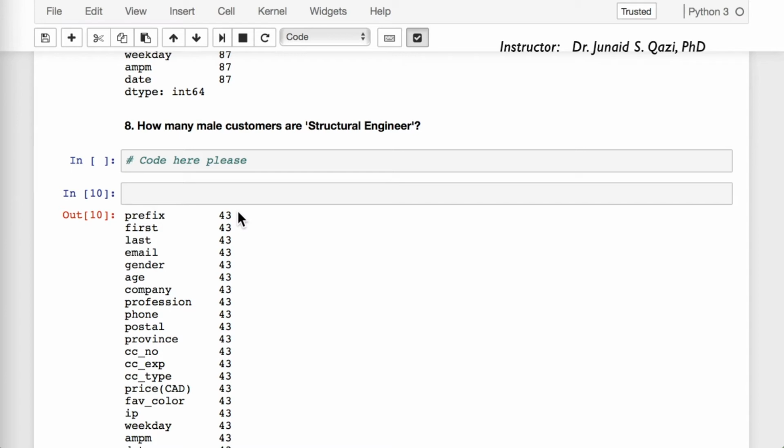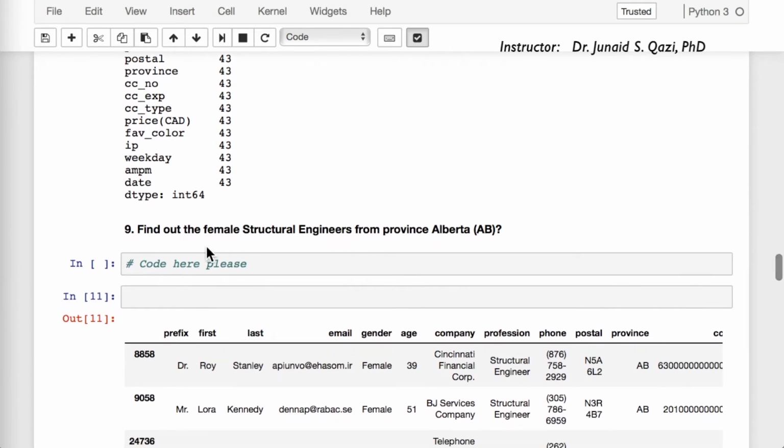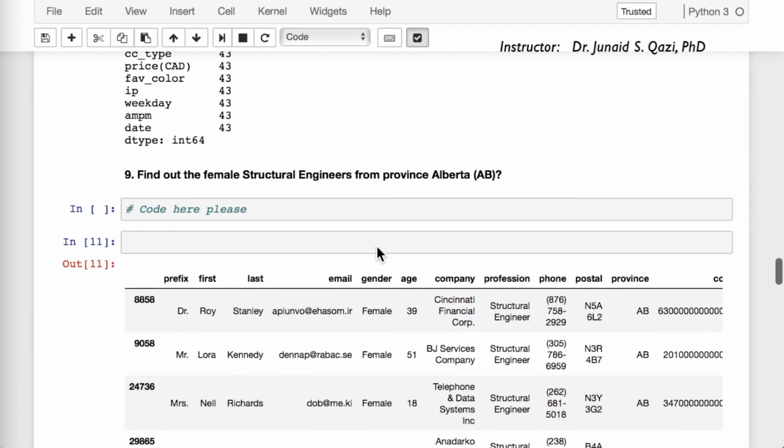Both of these conditions must be satisfied to get your answer. Question 9, find out the female structural engineers from province Alberta. So now female and structural engineer and Alberta province. These 3 conditions should be satisfied.